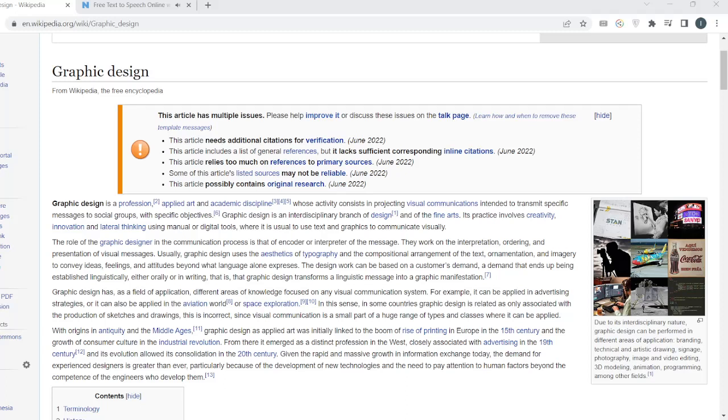From scientific journals to news reporting, the presentation of opinion and facts is often improved with graphics and thoughtful compositions of visual information, known as information design.